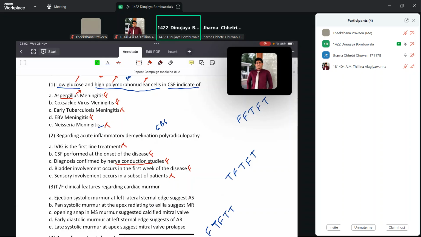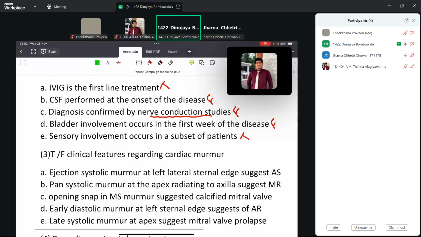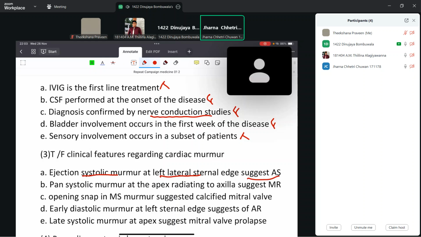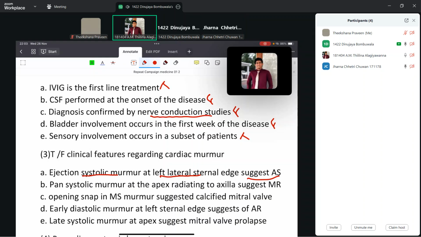Clinical features regarding cardiac murmurs. Ejection systolic murmur at the left lateral sternal edge suggests aortic stenosis. True or false? False. Pansystolic murmur at the apex radiating to the axilla suggests MR. True.